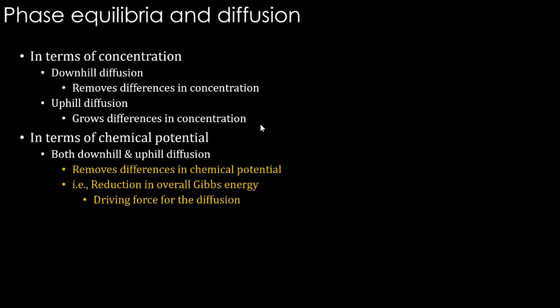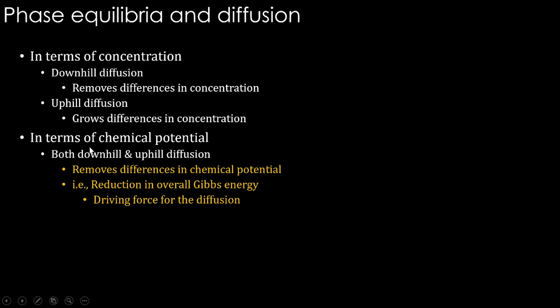So let's summarize these ideas together. In terms of concentration, downhill diffusion removes differences in concentration, uphill diffusion grows differences in concentration. So if you try to understand both of them based only on concentration gradient, you will not be in a position to understand. These things will not be reconciled.